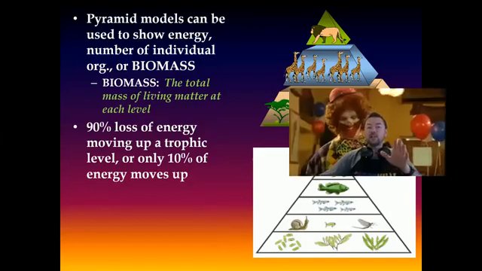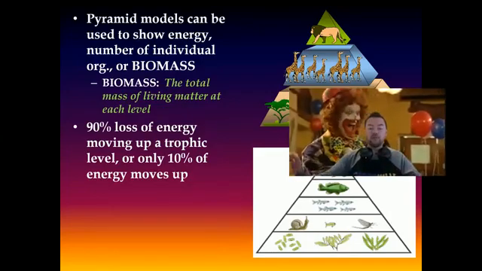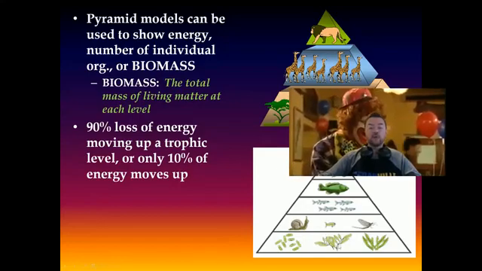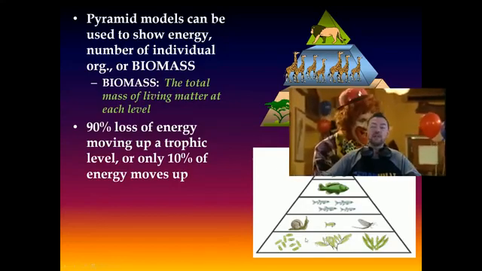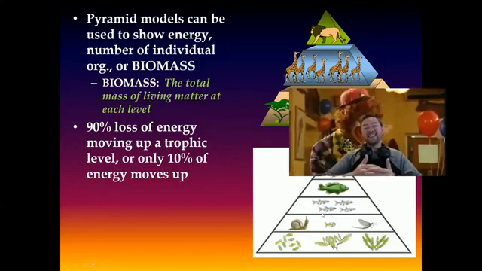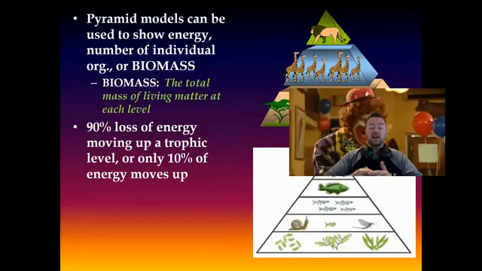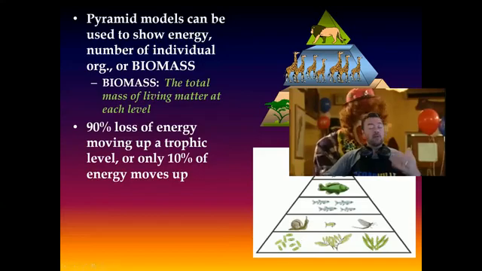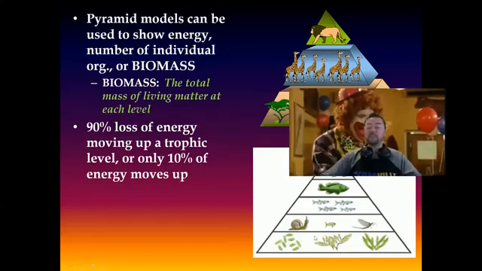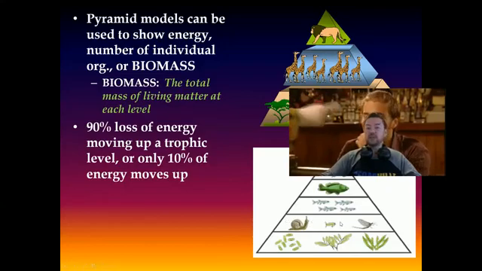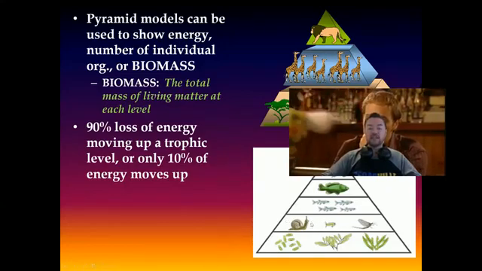There is going to be lost energy in the form of waste. So you will typically experience, going from one trophic level to the next trophic level above it, roughly a 90% loss of energy. If there is 10 million units of energy in the lower level, and we experience a 90% loss of energy, only 1 million units of energy would be available in this next level.